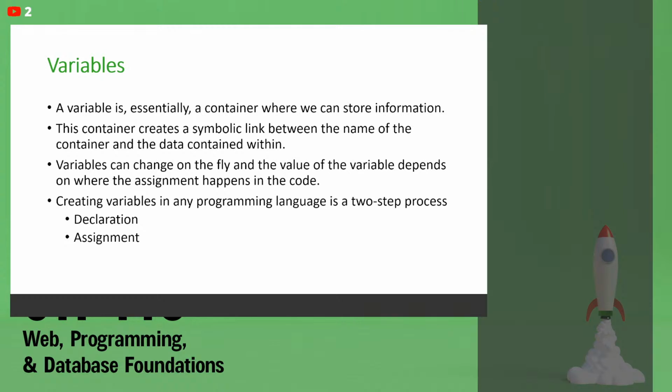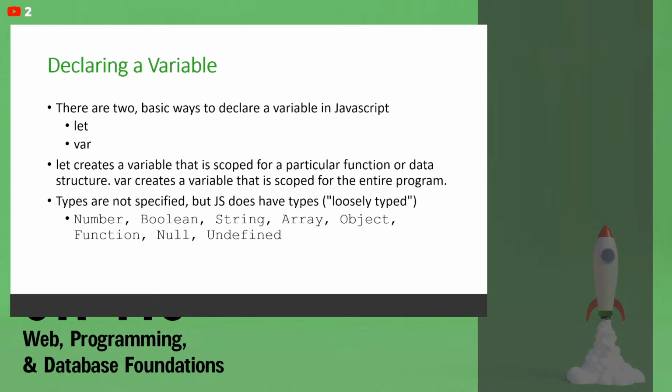Right? Whenever we're creating a variable, we have basically a two-step process. It is declaration and assignment, which is basically the same thing that we were doing in Python, right? We would create some name and set it equal to some value. The only difference here is that there is a keyword that we need to add to our JavaScript to let our JavaScript know that this is a variable.